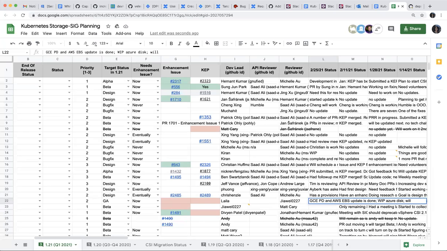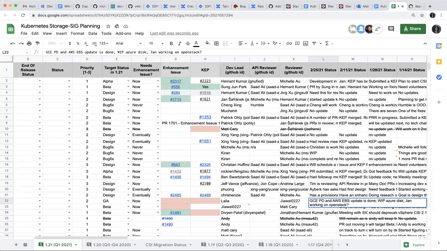I am here. I posted the PR to translate from CSI to in-tree. Is anything else missing? Oh yeah, that's a bug fix that's kind of part of this. But for this one, we're looking to update the PV topology label.